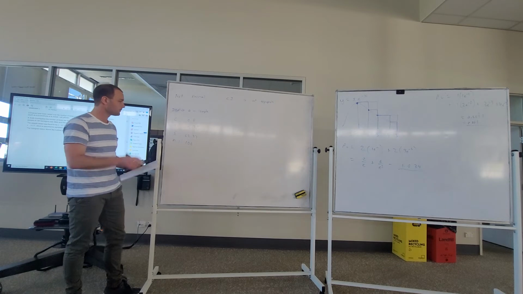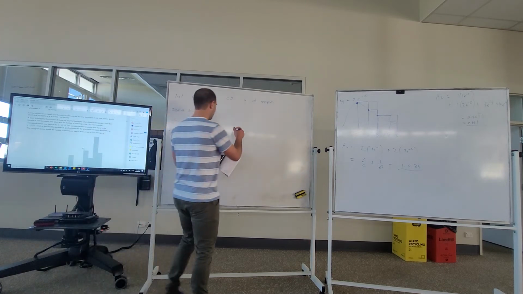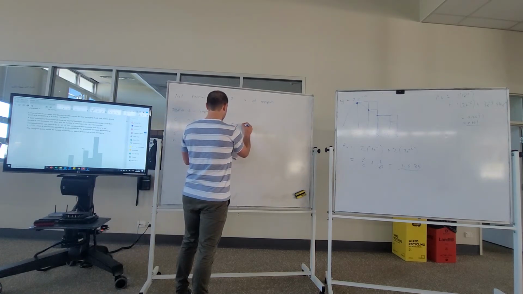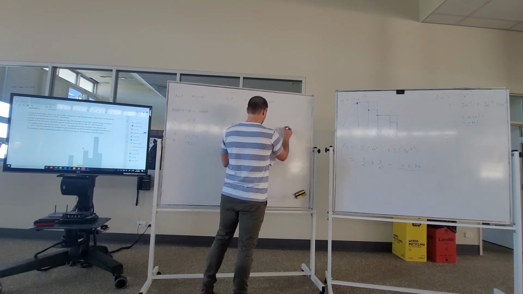Yep, so that's all correct. All right, so let's calculate that. 19.31, 62.33. So I've got between 59 and 65.